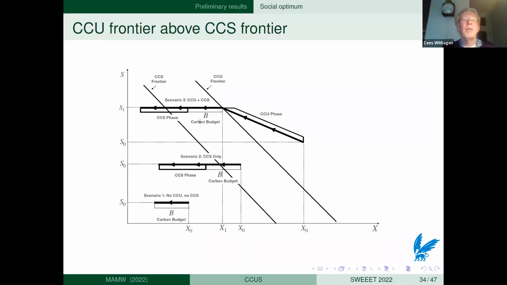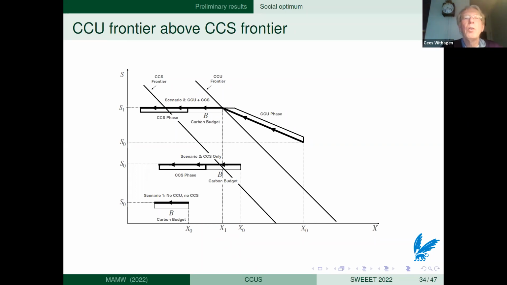So on the vertical axis, we have the stock of inserted CO2, and on the horizontal axis, we have the stock of fossil fuel. And what we can do, we can depict in this picture the CCS frontier.